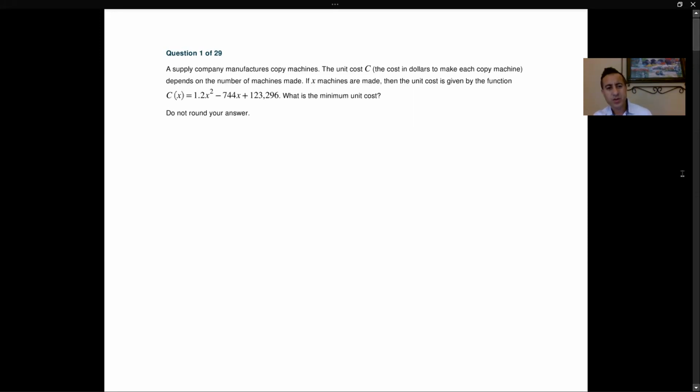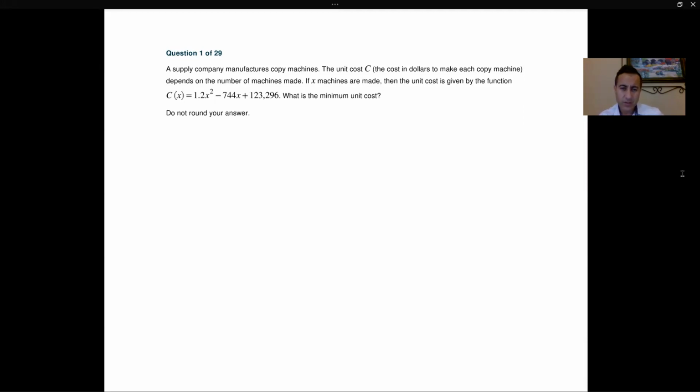This first question talks about a company that manufactures copy machines. The cost C, which is the function C of X, is the cost in dollars to make each copy machine. So if X machines are made, then the unit cost is given with the function.